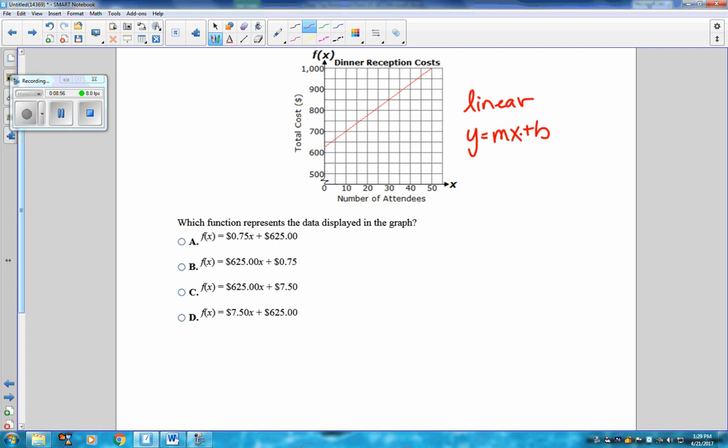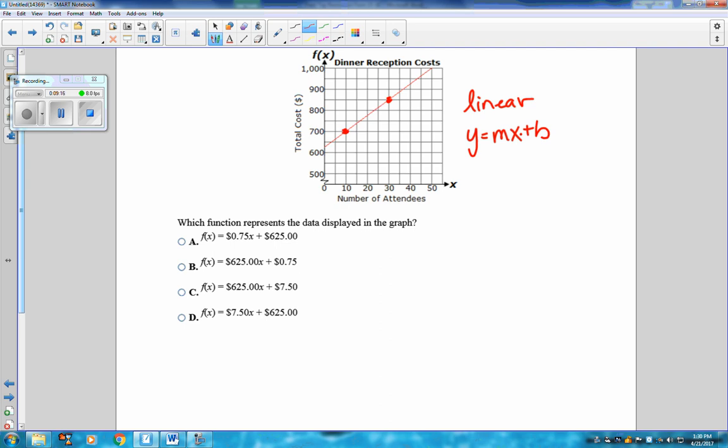M is my slope. So I know a point that I can adequately identify is here. And another one I can adequately identify is here. So M is my rise over run. So this point starts off at 700.